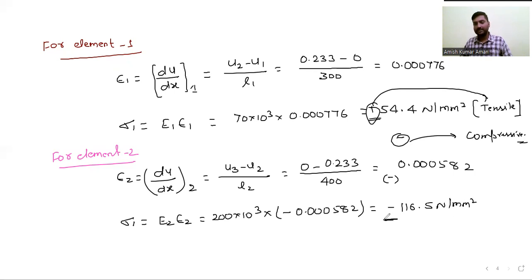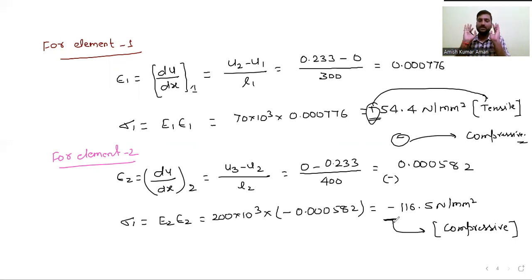And here, since it is minus, the nature will be compressive. So in element number 2, the stress developed has compressive nature, and in element number 1, the stress developed has tensile nature.